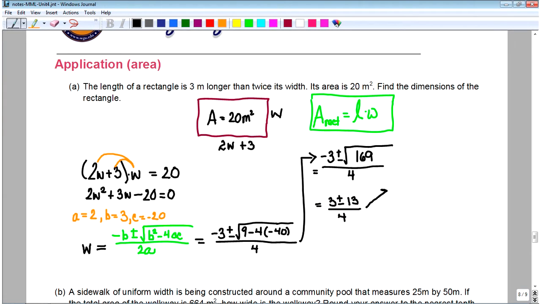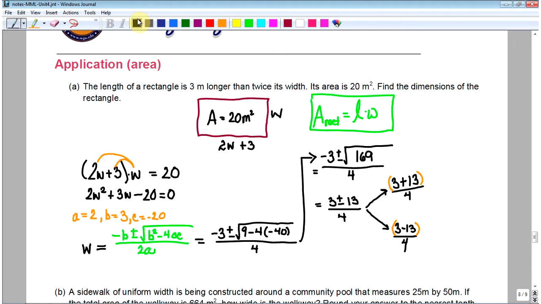So this is 2 different answers. We have the plus case and the minus case. So negative 3 plus 13 over 4, and negative 3 minus 13 over 4. So if you're putting this into your calculator in one step, just make sure you put parentheses around the numerator, because we know that we want that operation to happen before dividing by 4.